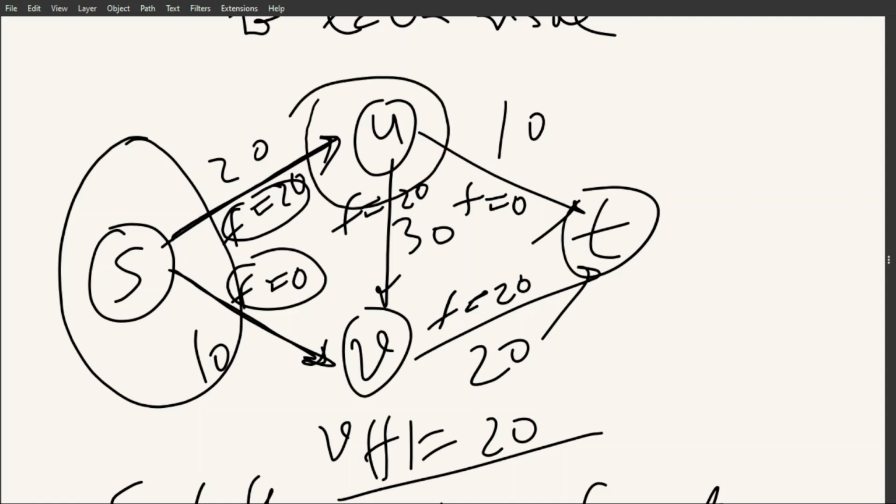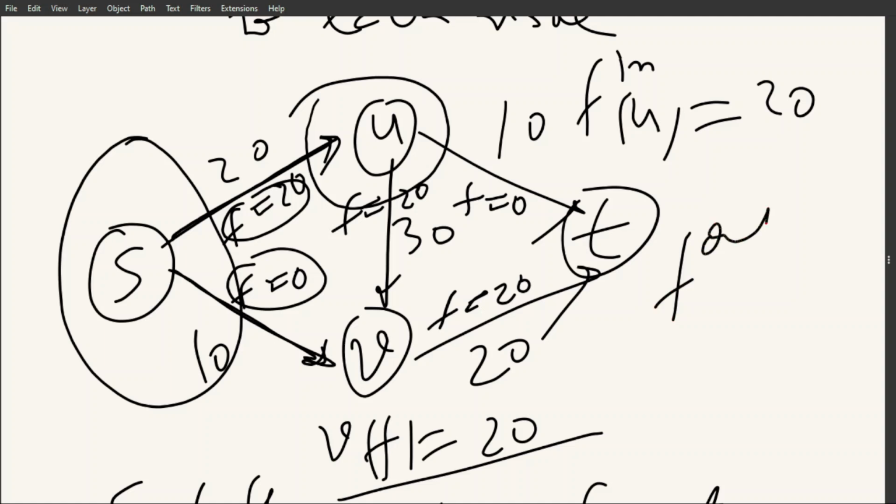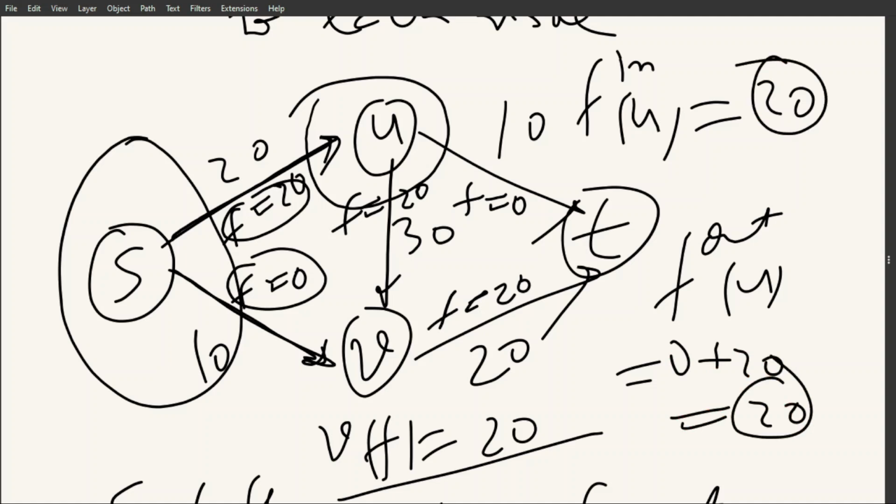Compute f in, the flow into u, which is 20. The flow out of u: there are two edges, along one it is 0, along the other it is 20, so 0 plus 20 is 20. So it is conserved. F in of u is the same as f out of u.